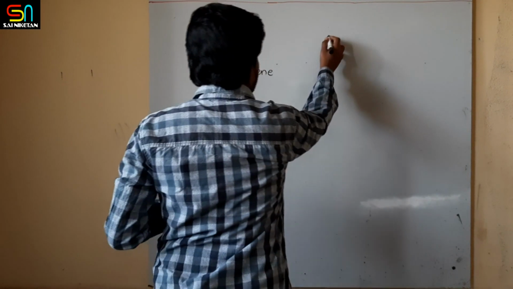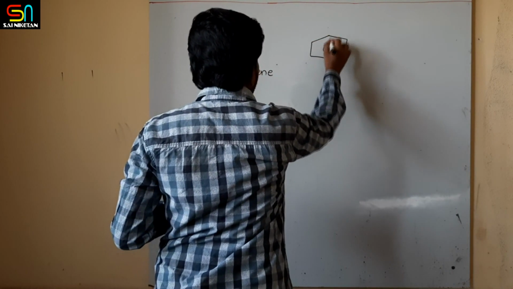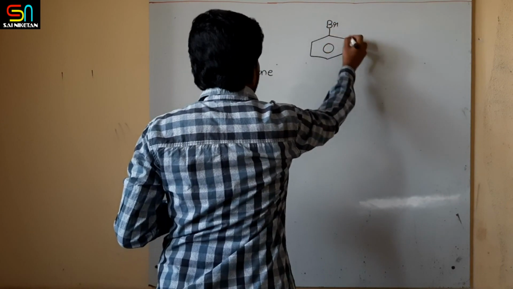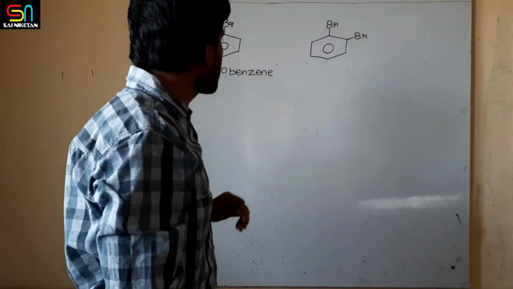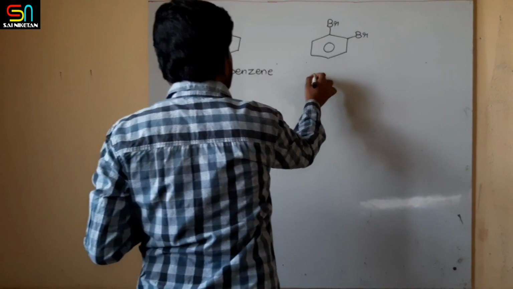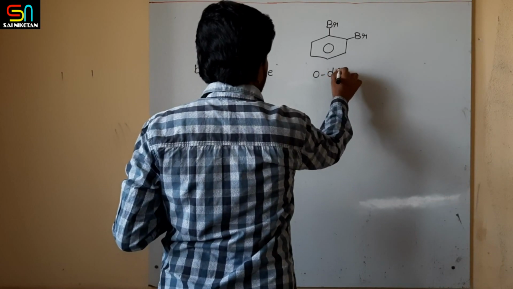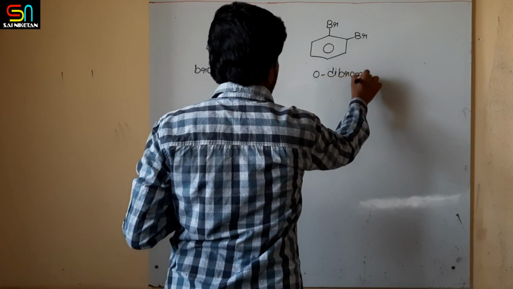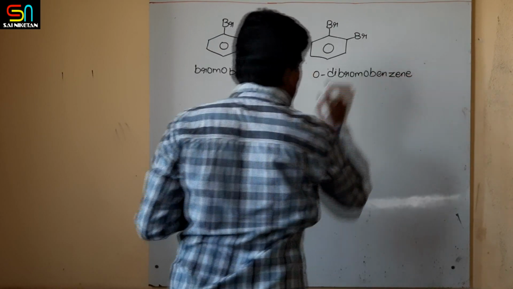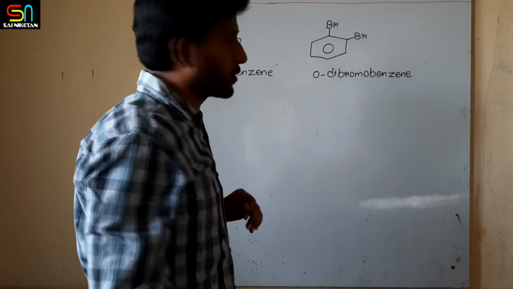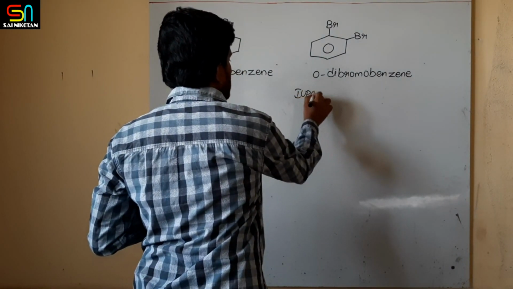If there are two bromine atoms adjacent to each other, then as you know, this can be called ortho-dibromobenzene. Common name can be ortho-dibromobenzene.